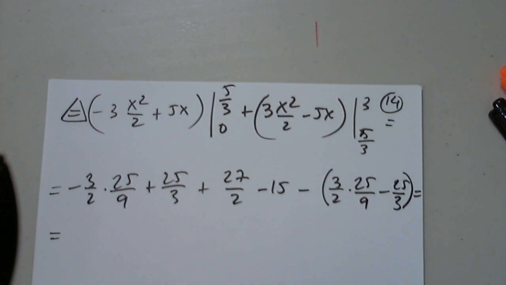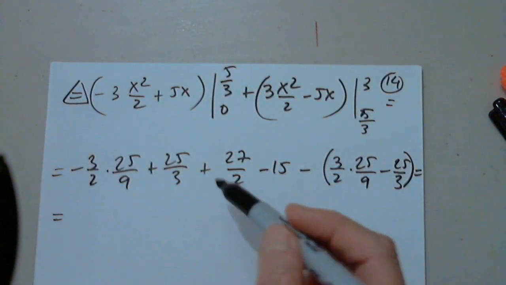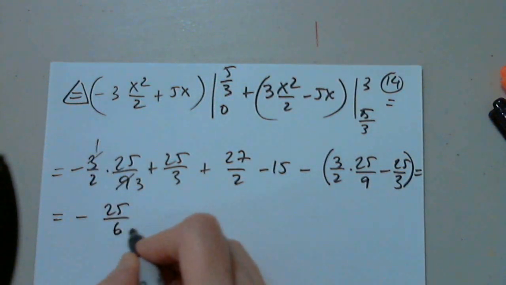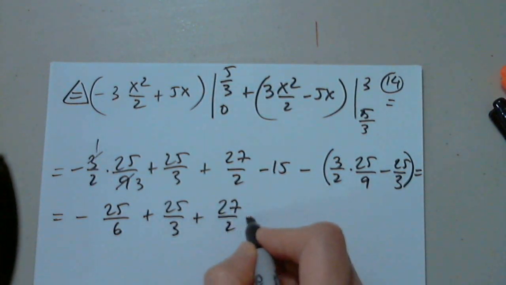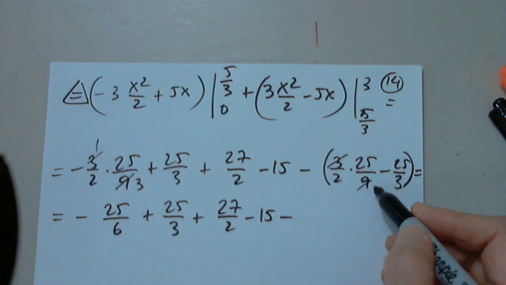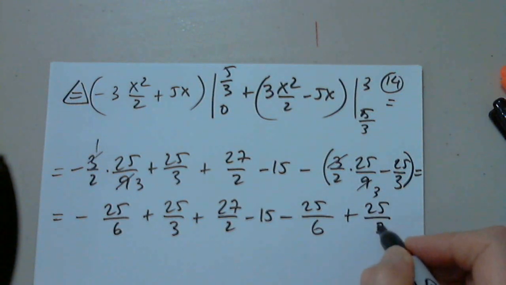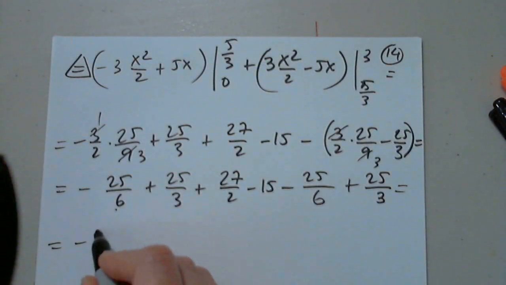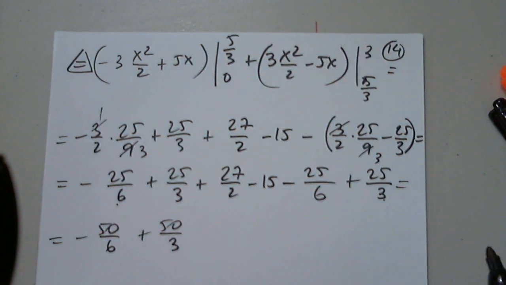Good. So I'll simplify by 3. Negative 25 over 6 plus 25 over 3 plus 27 over 2 minus 15 minus 25 over 6, but plus 25 over 3. Okay. This with this is negative 50 over 6. This with this is positive 50 over 3.